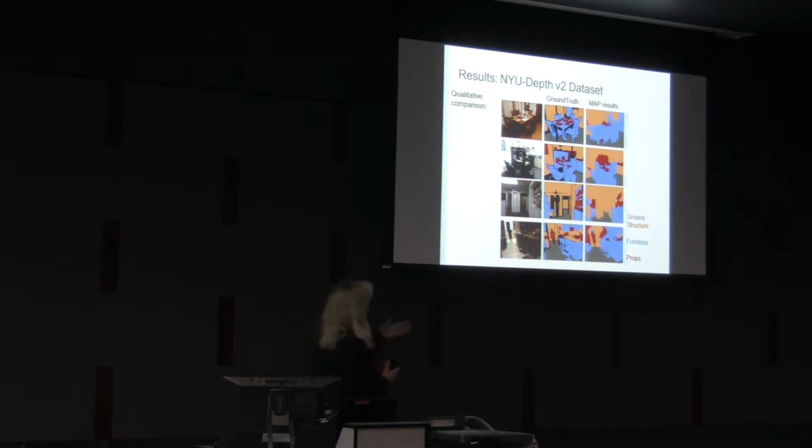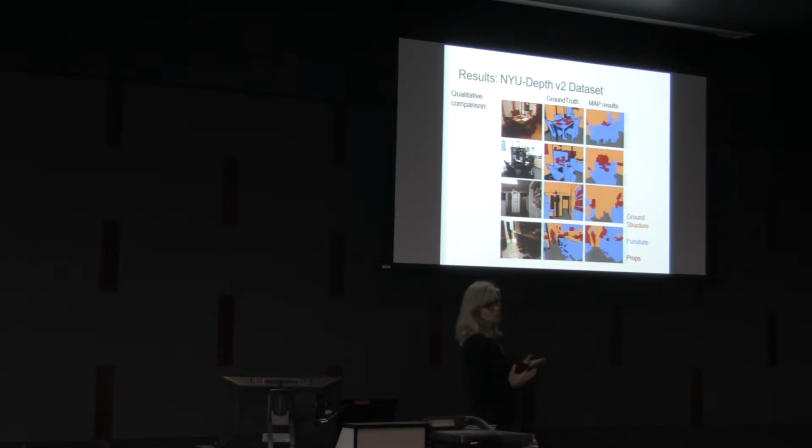Here are some images of indoor RGBD scenes, and this is the ground truth labeling, just for evaluation purposes. We have categories: ground, blue is the furniture, yellow is the structure, and red is the objects. And this is what our algorithm can predict.